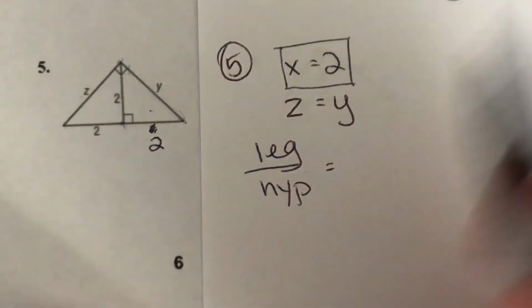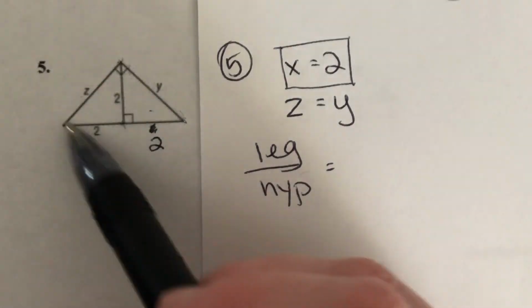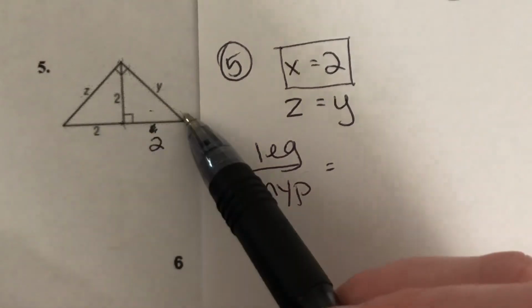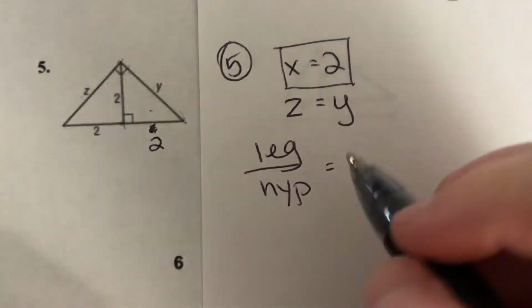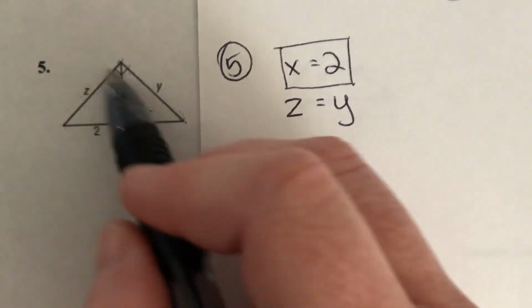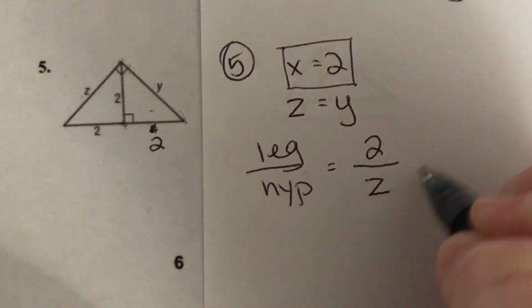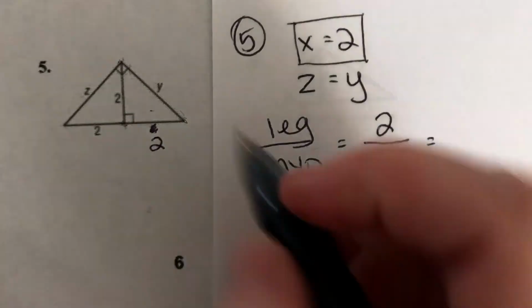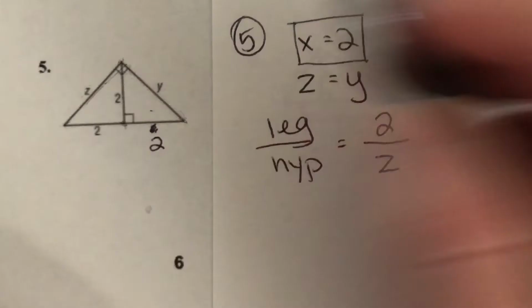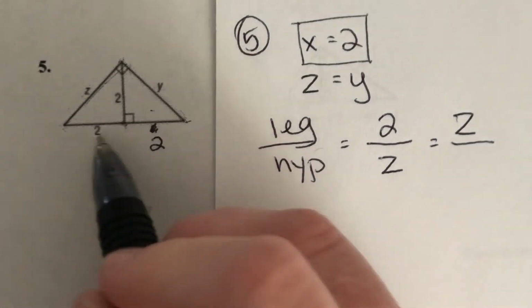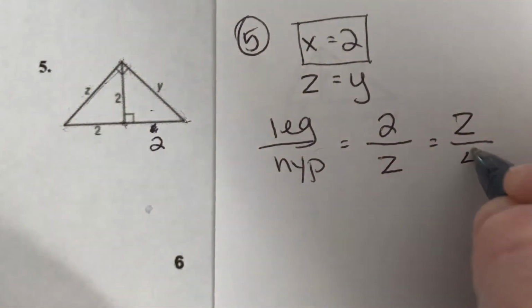I'll start off with the little triangle first. The little guy is leg, which is 2, over hypotenuse, which is Z. And then in the big triangle, the leg is Z and the hypotenuse is this whole guy, which is 2 plus 2, 4.